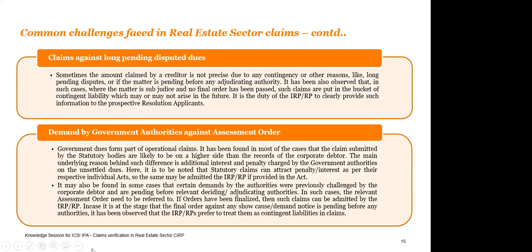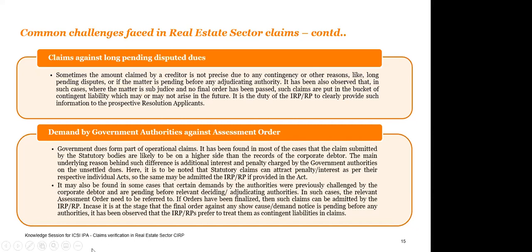If the matter is still pending before any court and the books of the corporate debtor are not showing the kind of liability that has been claimed, the best thing to do is what the market practice says: whatever amount is supported by the records of the corporate debtor and its available information can be admitted directly.